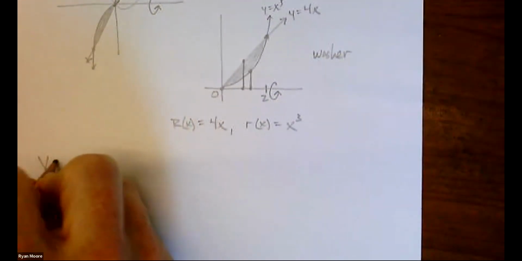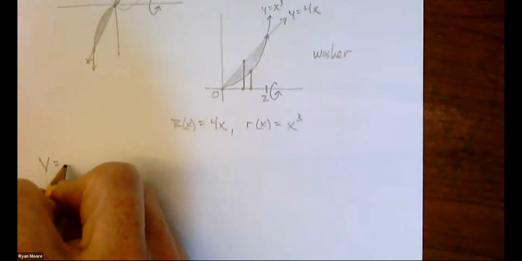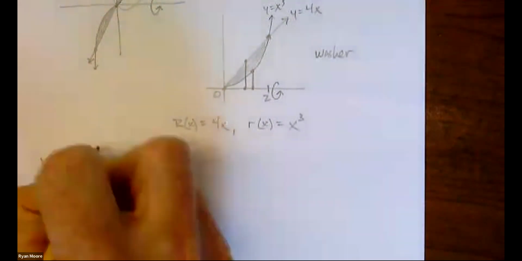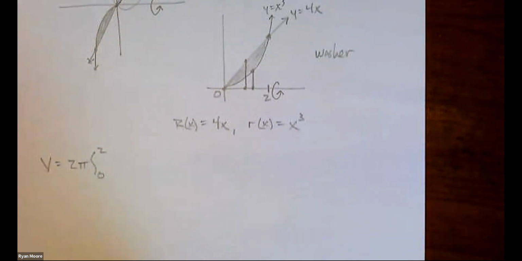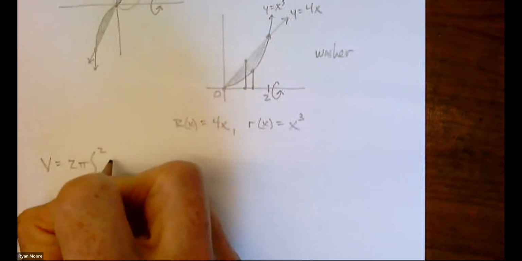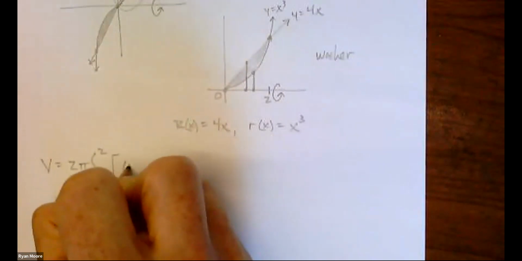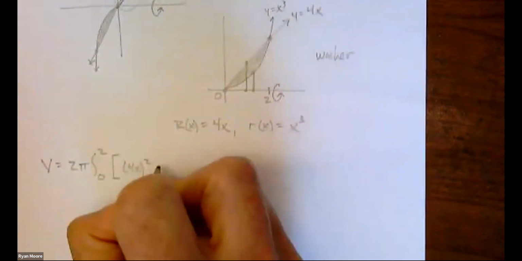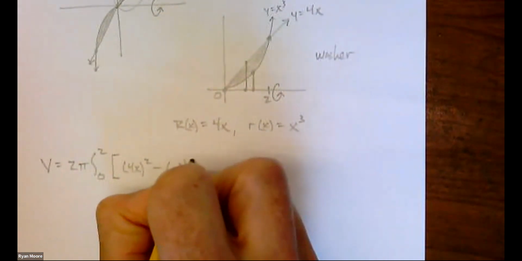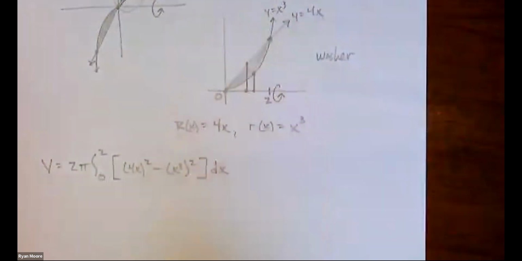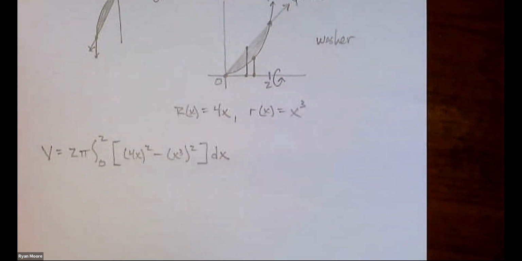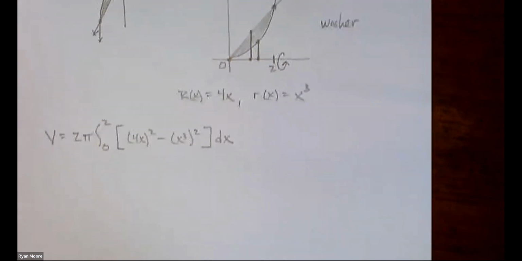Okay, so for the volume, it's going to be 2 pi, since we're doubling, from 0 to 2. And then we'll take 4x squared minus x cubed squared dx. Outer radius squared minus inner radius squared.